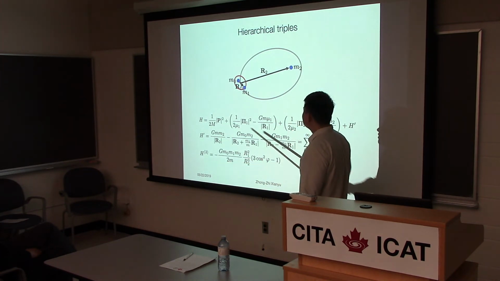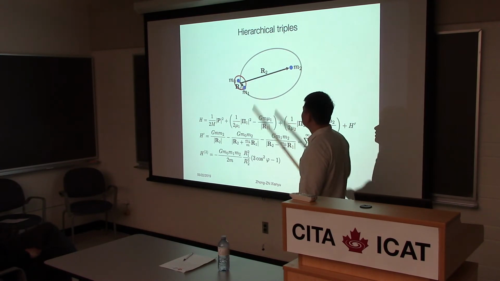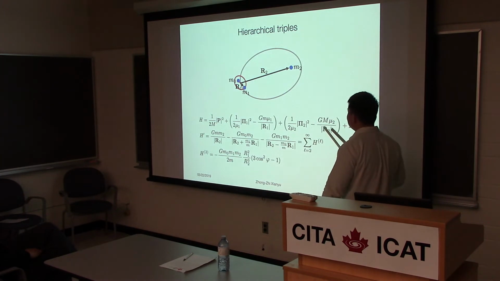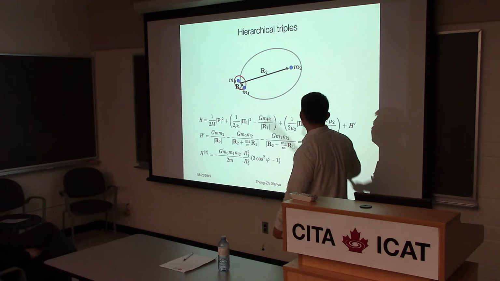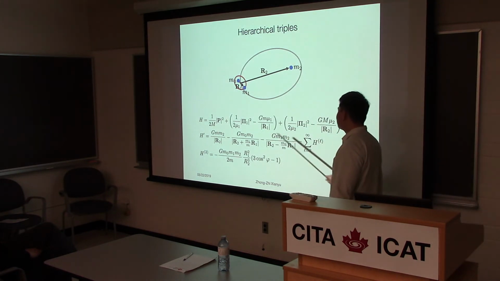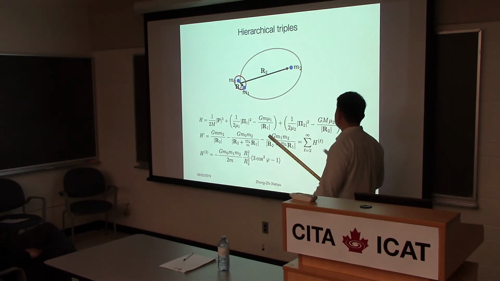Here is the motion of the small binary, the binary that will merge. And there is a large orbit which describes the small binary plus a third body. And then there are the interactions, which describe the interactions between the small orbit and the large orbit.